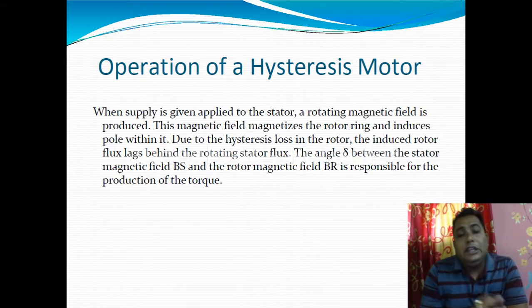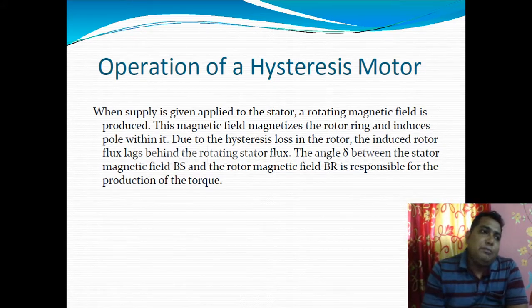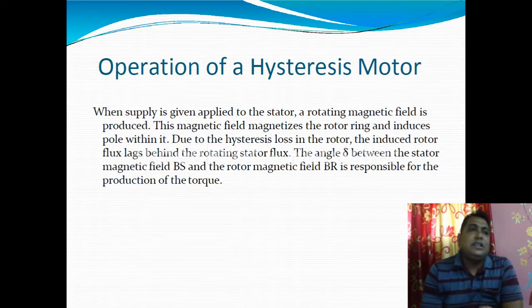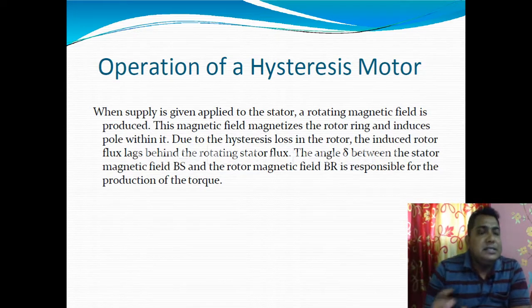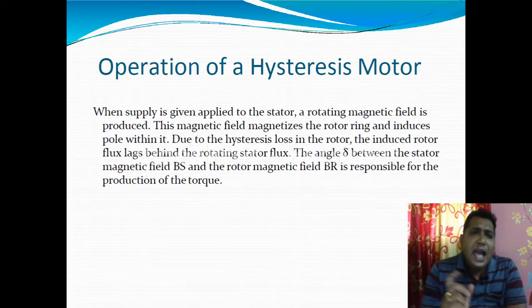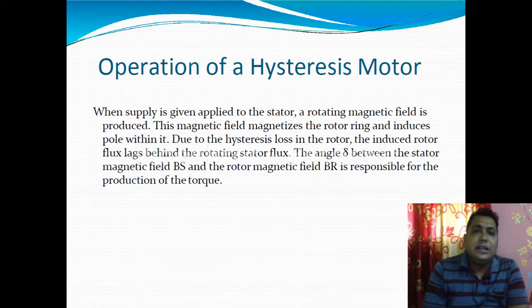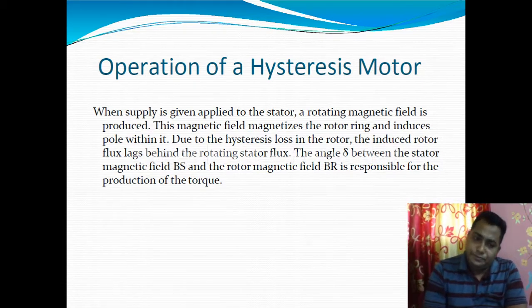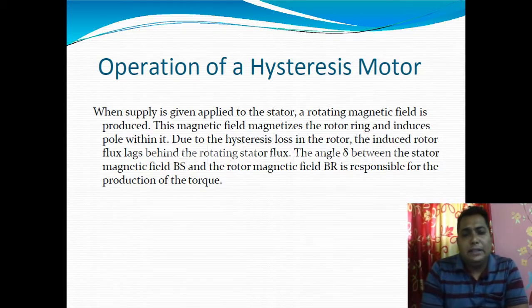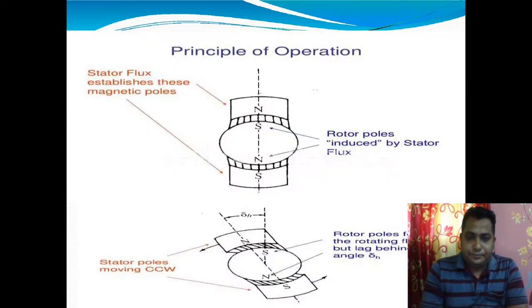And since a magnetic material is used, there will be some hysteresis loss, and due to that hysteresis loss there will be an angle between the flux of the stator and the flux of the rotor, and that angle is denoted by delta.